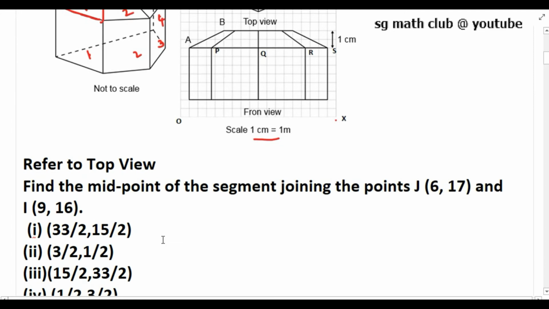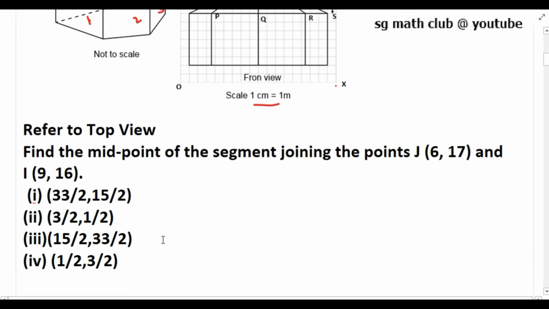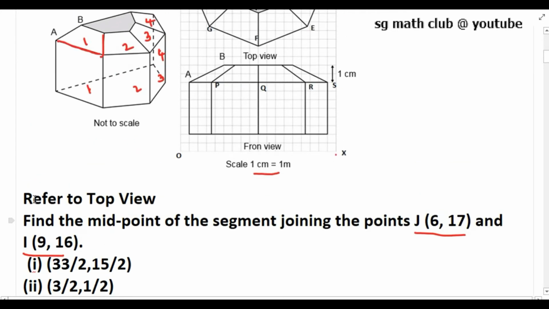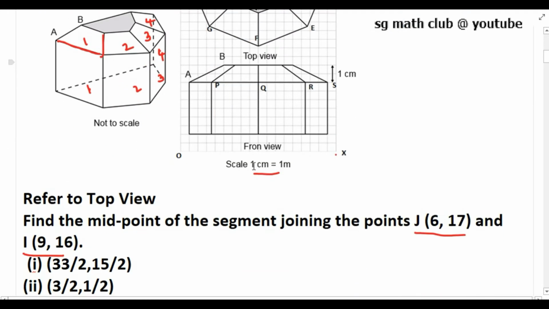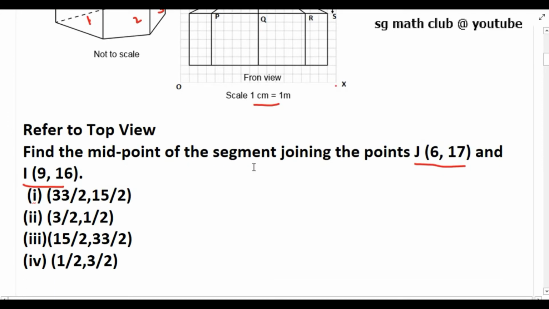Refer to the top view. The first question is: find the midpoint of the line segment joining the points J(6, 17) and I(9, 16). The J coordinate and the I coordinate are given in the question, so you just need to find the midpoint, and we know the midpoint formula: (x1 plus x2)/2 and (y1 plus y2)/2.